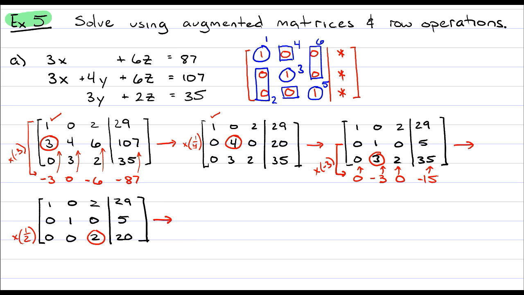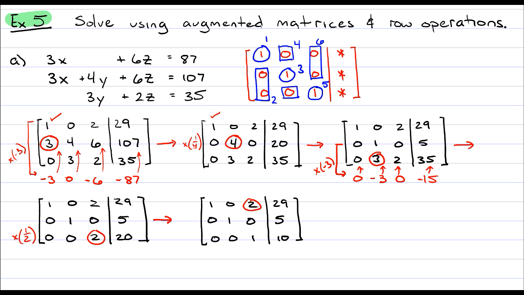So that's going to give me 1, 0, 2, 29, 0, 1, 0, 5, and the third row is 0, 0, 1, 10. Okay, so now the next step, and in fact the last step, the only entry we have left to change is this 2.